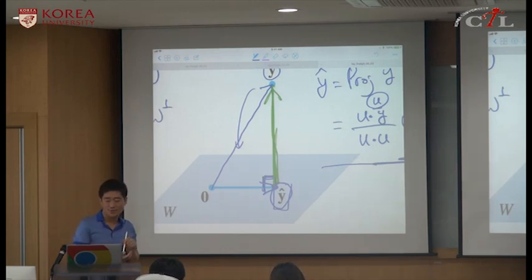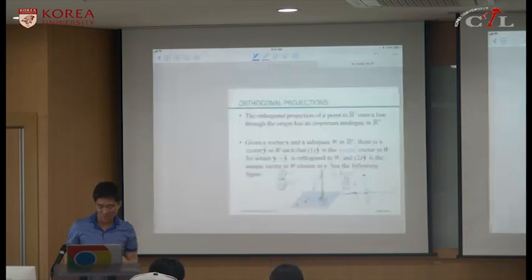Okay, so we will study this orthogonal projection onto the subspace whose dimension is more than 2 or even more than 3 and so on.